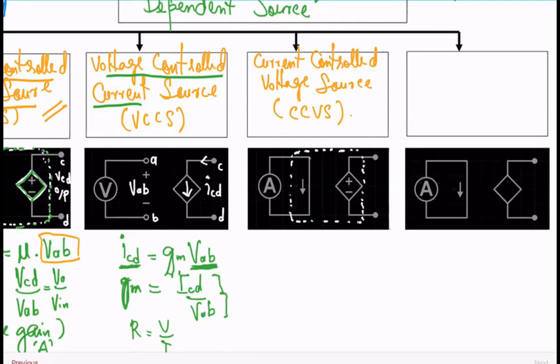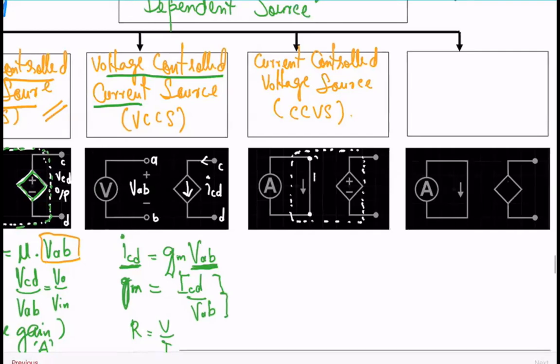There is a current over here. This is A terminal, this is B terminal, so IAB. This is your dependent voltage source in a diamond with plus minus. Say this is C and D, so the potential here would be VCD.